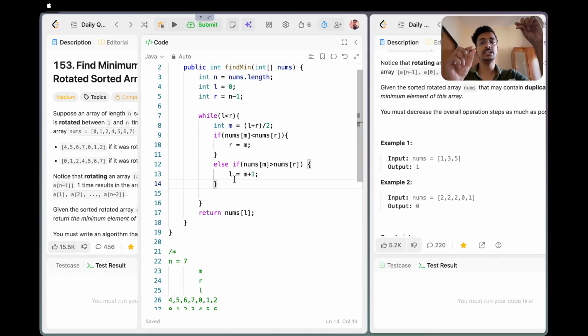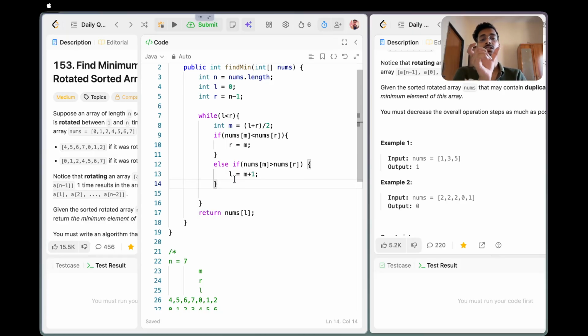So this point is greater than this point, which means the range after mid is where my answer, the minimum element, will lie. So I just updated left to m plus 1.